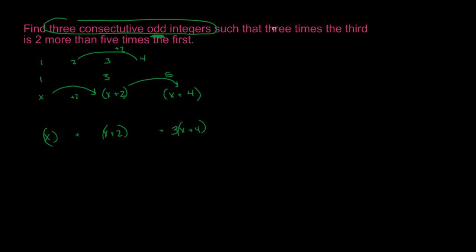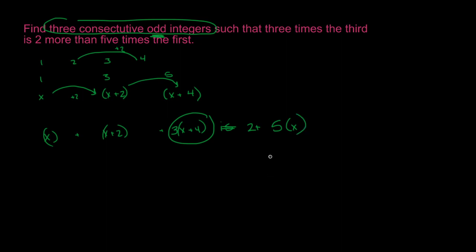Oh wait, they say 3 times the third is 2 more than 5 times the first. So this equals 2 more, so plus 2, and 5 times the first.